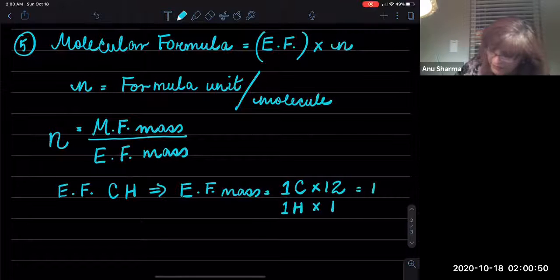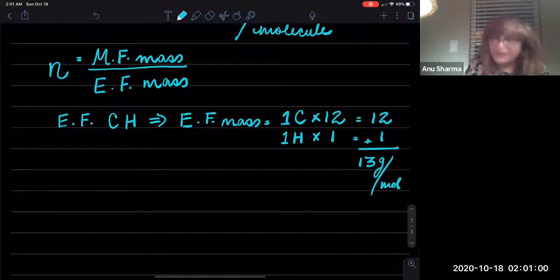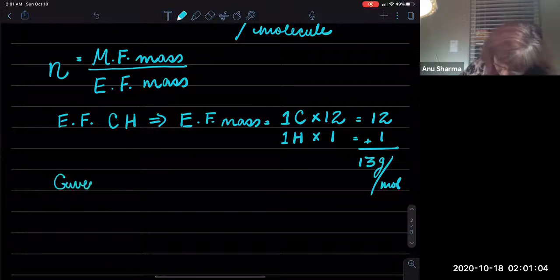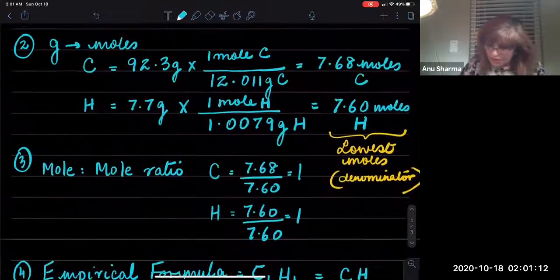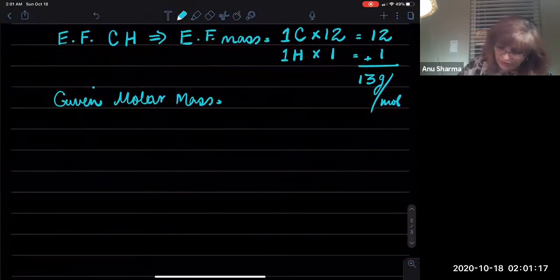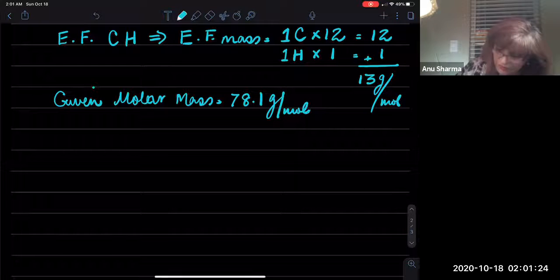So 12 plus 1 added together is 13, so 13 grams per mole. This is the empirical formula mass, and you are already given the molar mass, which is 78.1 grams per mole.